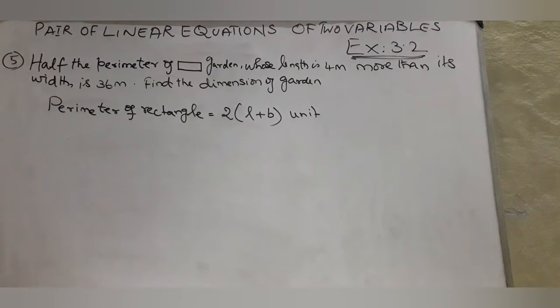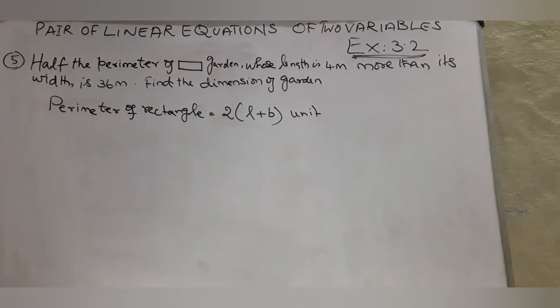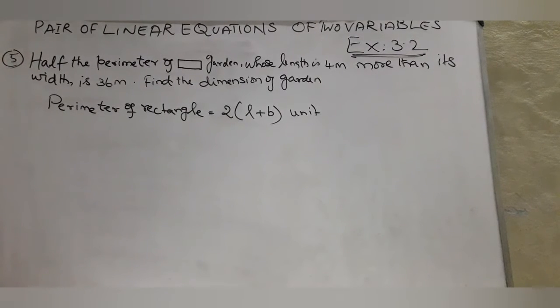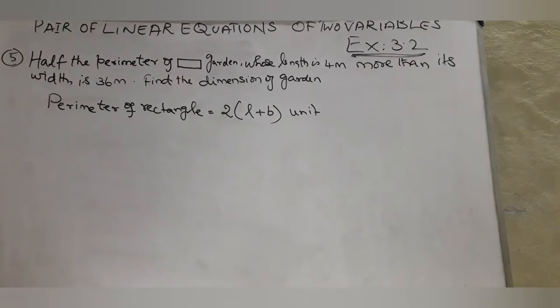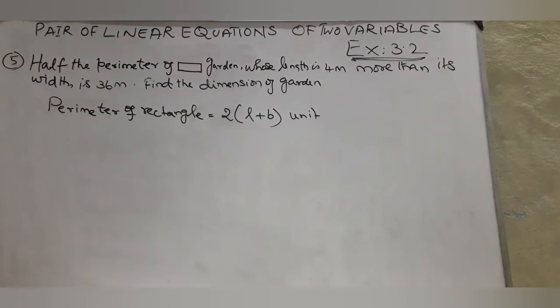Now, fifth sum from exercise 3.2. It's given that half the perimeter of a rectangular garden, whose length is 4 meter more than its width, is 36 meter. Find the dimensions of the garden. Just see the question.